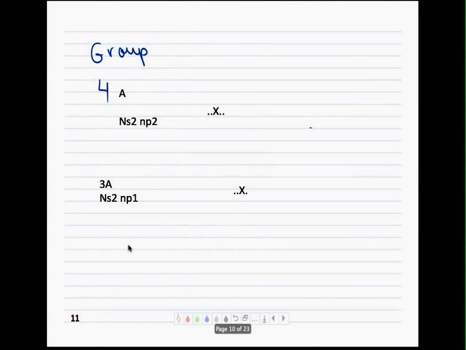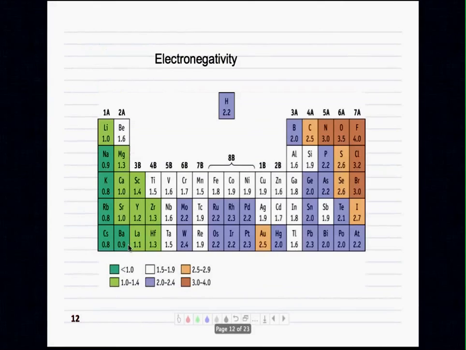Okay, so now, after knowing how to draw the Lewis structure for each one of the atoms, we're going to go a step further. So, until now we didn't talk about electronegativity. Electronegativity is the ability of the atom to attract the electron toward it when we have a covalent bond.